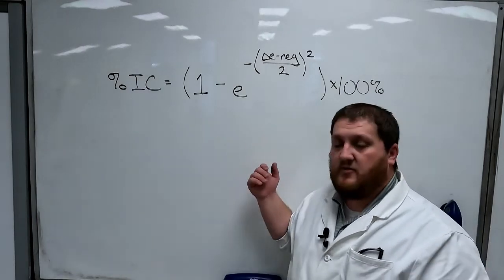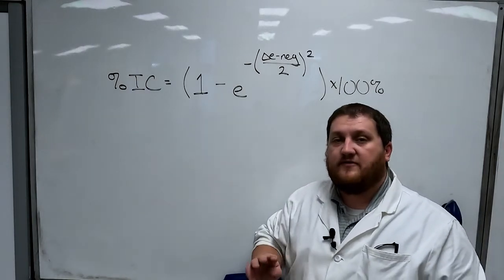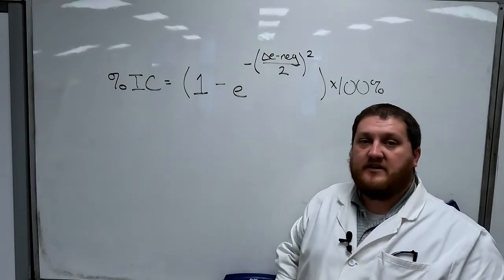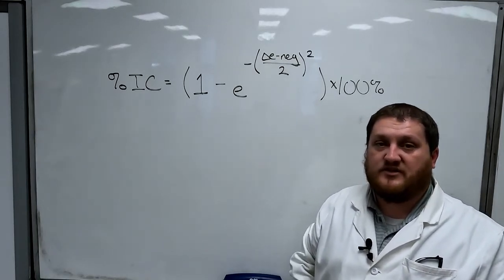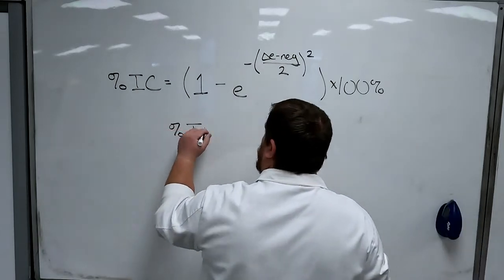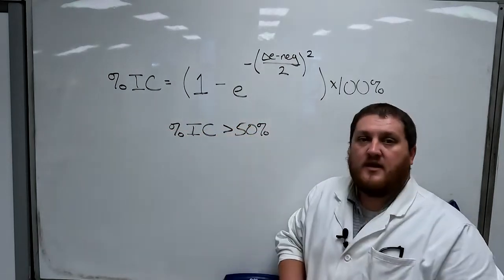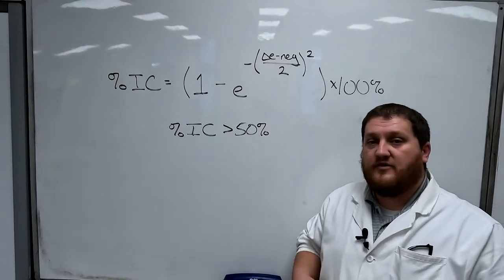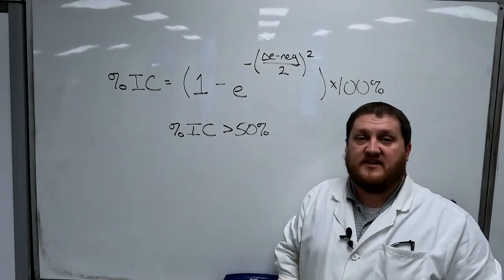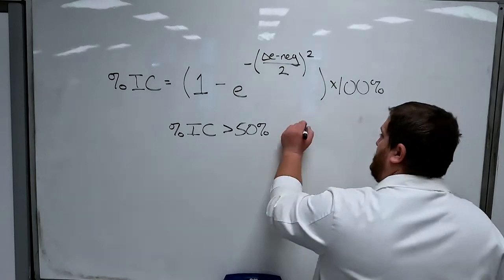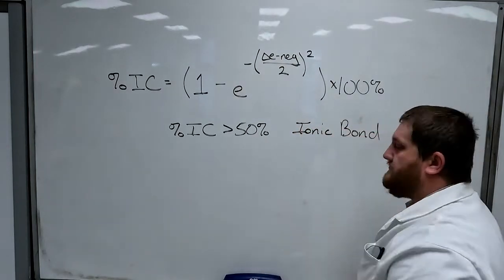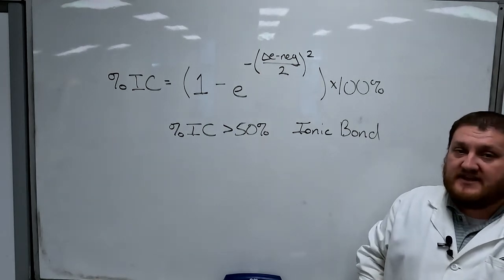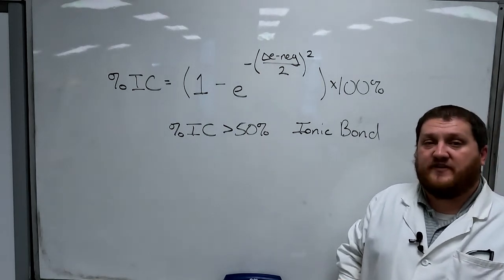Once we've used this equation, there are three different kinds of bonds we can get, and it's dependent on the percent ionic character that comes out of the equation. If I plug in this equation and I get a percent ionic character greater than 50%, I say this is an ionic bond. If I get a percent ionic character less than 50%, I say it's covalent.